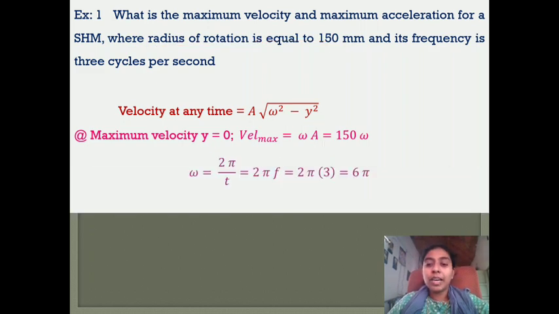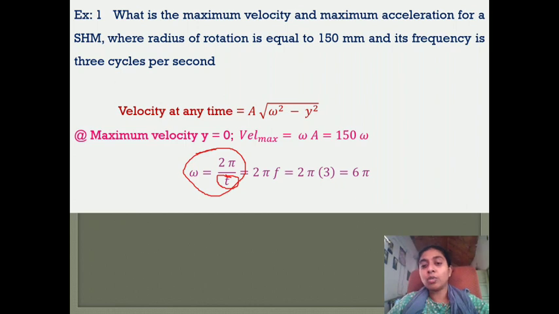Now omega is equal to 2 pi by t. Velocity is displacement by time, and the displacement is 2 pi for one complete rotation. So 2 pi by t, and this t is equal to 1 by f, since frequency is the reciprocal of time. So we get 2 pi f.